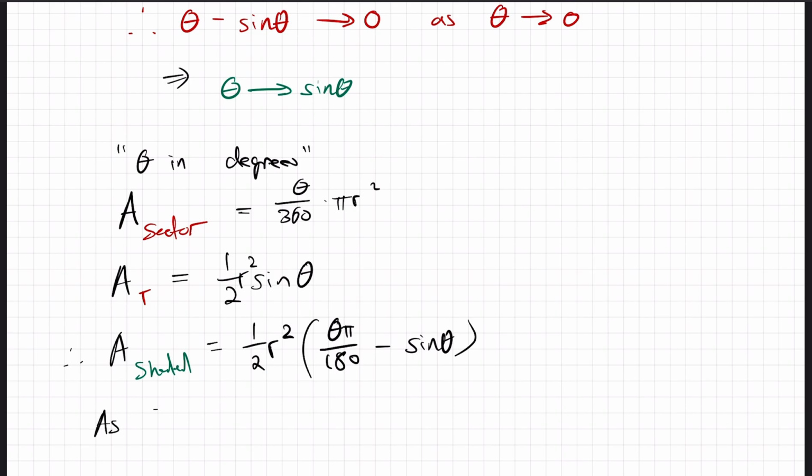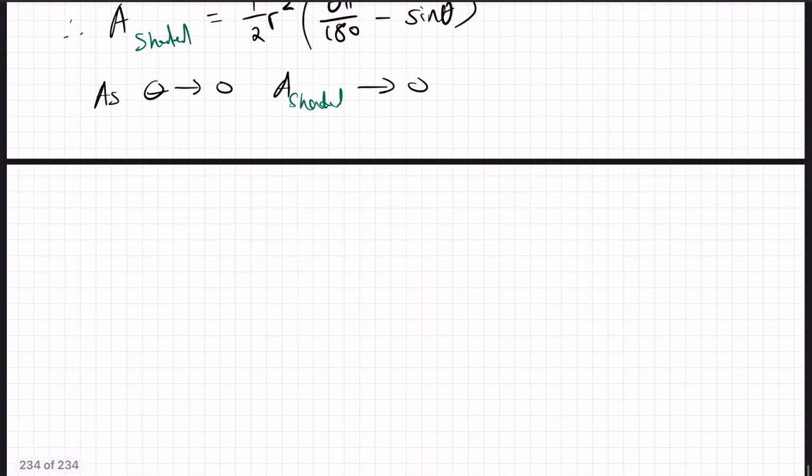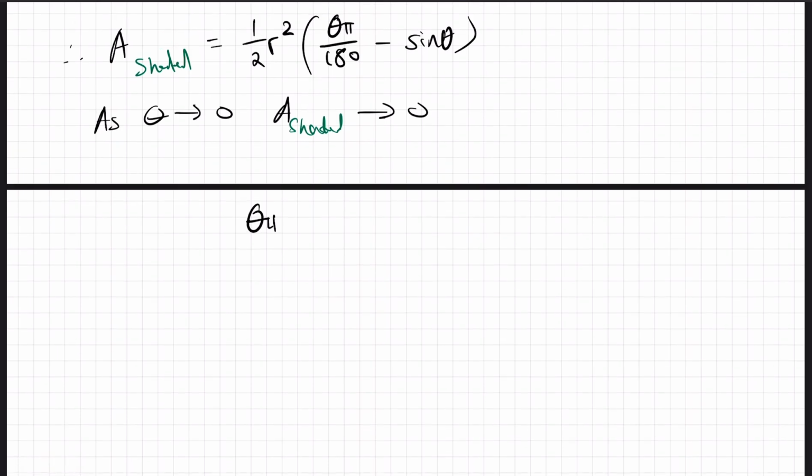And as you can see, it's still going to approach 0 as theta gets small. But this doesn't leave us with the same result, because now we get theta pi over 180 approaches sine theta. And hopefully you can see the problem here.